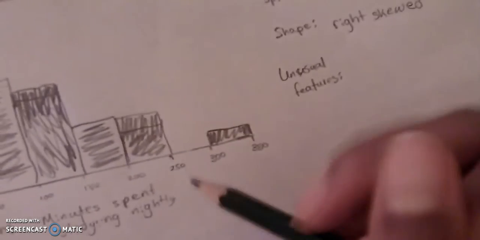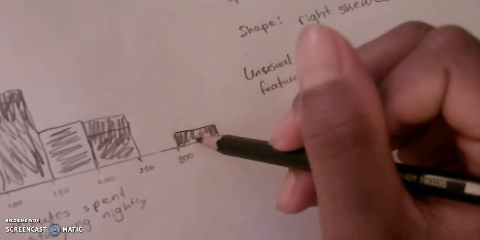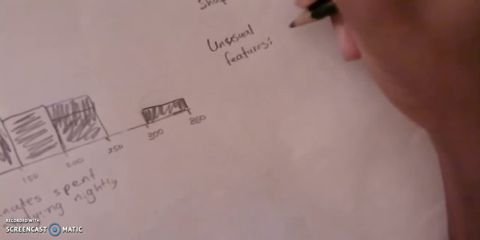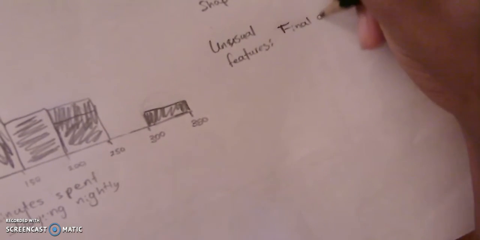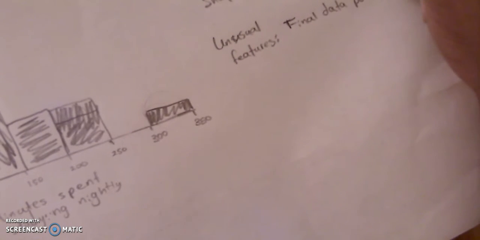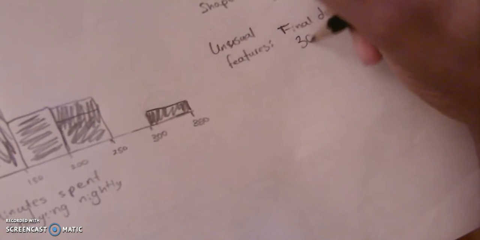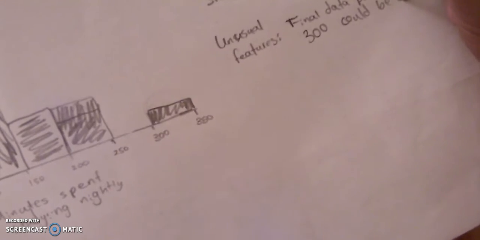And then unusual features would be if we expected that there were any outliers or gaps in our data. We do see a gap here between 250 and 300. And we also expect that this person seems to be a little bit odd out here. So we could say that this final data point at 300 could be an outlier.